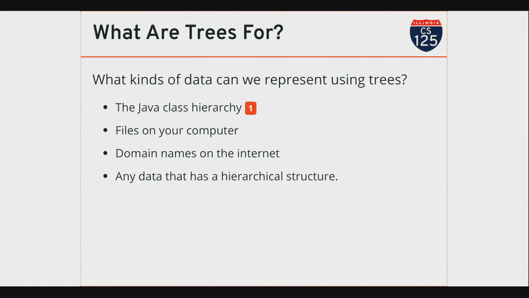For your computer, it allows you to name files and to organize them into folders and stuff like that. And for internet domain names, it represents the control, right? So as you go from .edu to .illinois to .cs, you're going from a group of people that I've never met who control who gets access to .edu to a group of people that I know on a first-name basis who control .cs, right?